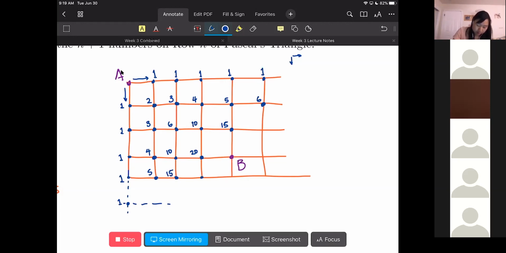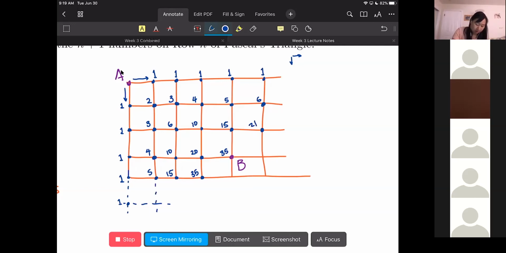And then what about this one? 35. And then what about B, which is the initial thing we want to count here? 35. Awesome. And then this one? 21. Yeah, and so on.